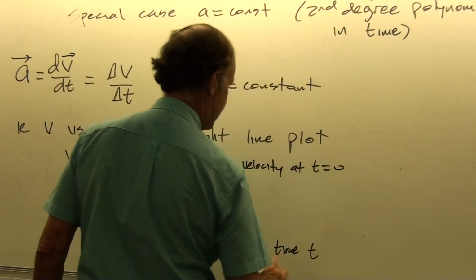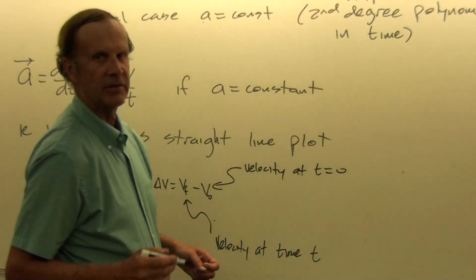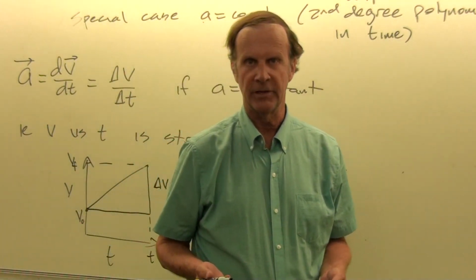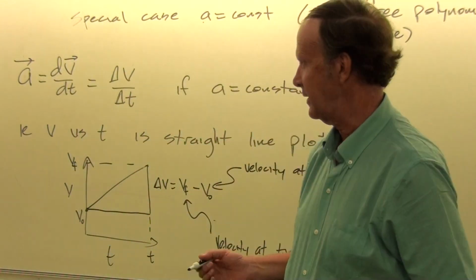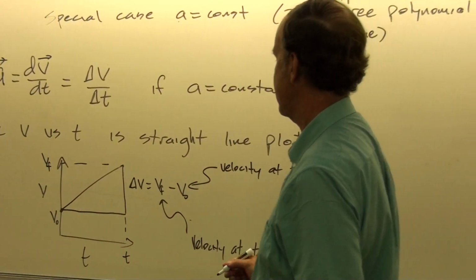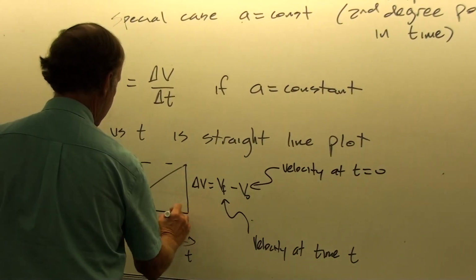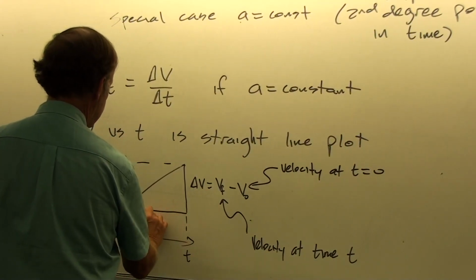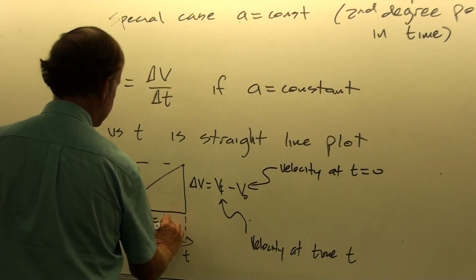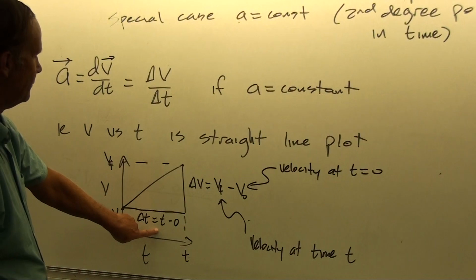Now what do I mean by time t? Well, I mean any time that I want, which is the time elapsed since time equals 0, could be plugged in for the time. Okay, and then on this horizontal, this is rise over run, so this would be delta t equals t final minus t initial, or we could just write that as t.